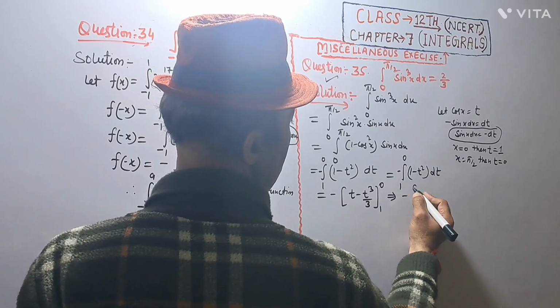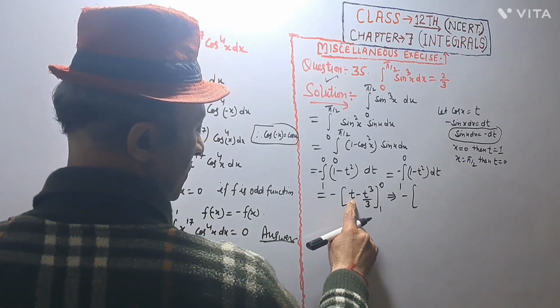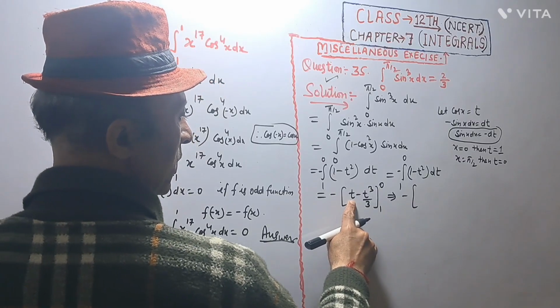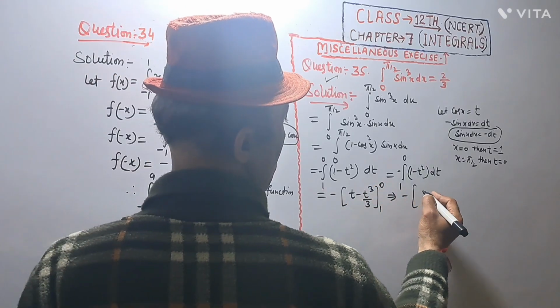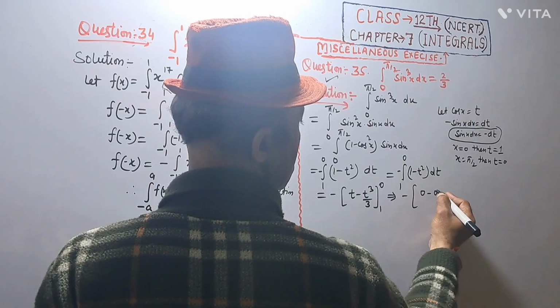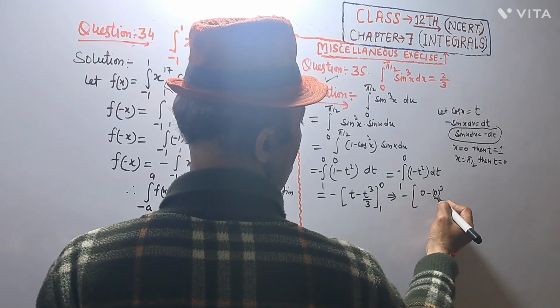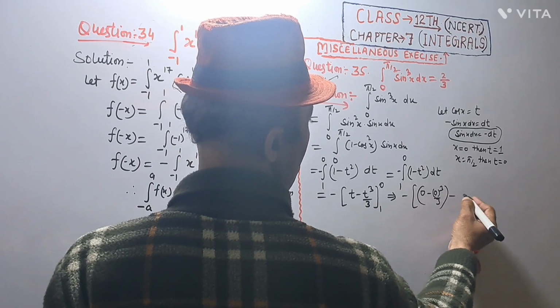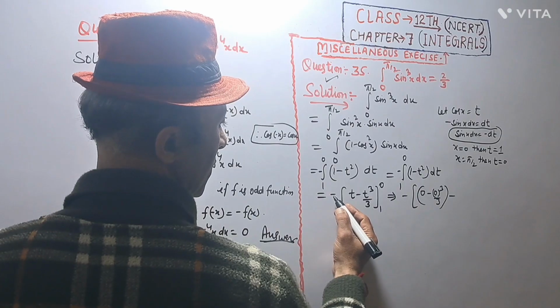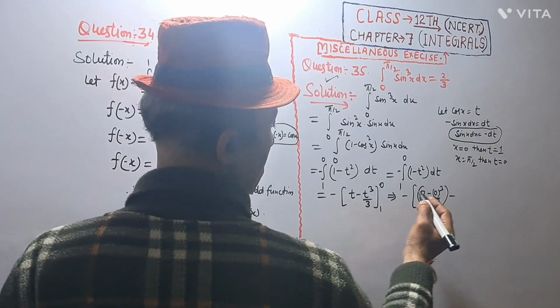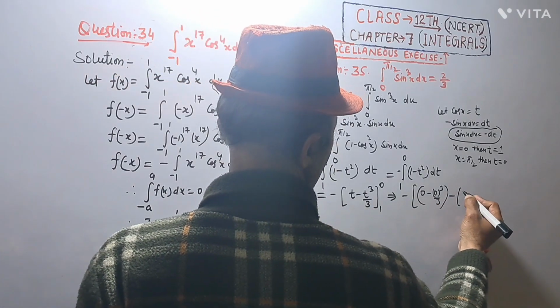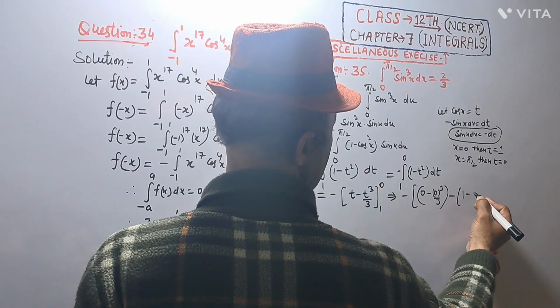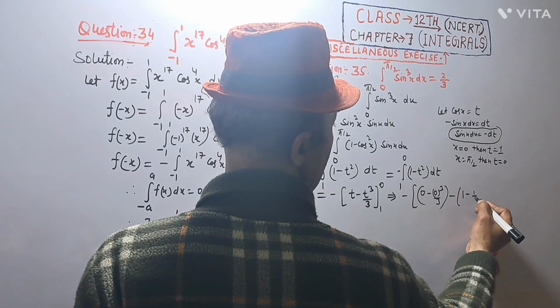This implies minus times of, first of all we put the upper limit, that is 0, and 0 minus 0 raised to power 3 upon 3, that is 0. Then the lower limit is 1, 1 minus 1 cube upon 3.